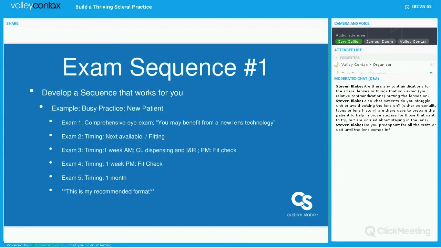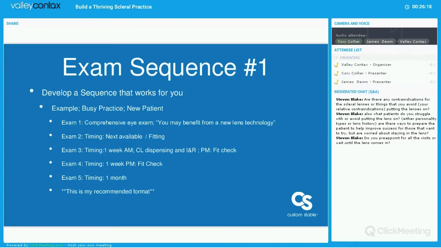And then we will dispense the lens, have the patient in for a morning appointment. As your staff becomes more accustomed to inserting these lenses, many providers feel comfortable having the staff insert the lens, have the patient sit in the waiting room, then you evaluate the lens in 20 to 30 minutes, make sure everything looks as you expect, and then staff will teach insertion and removal with the patient, make sure the lens is inserted properly before the patient leaves, and then come back that afternoon for a fit check.